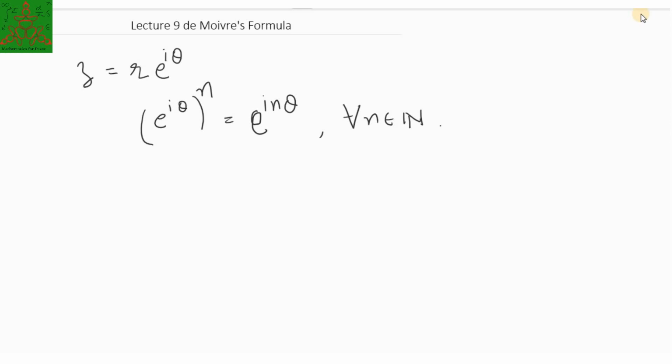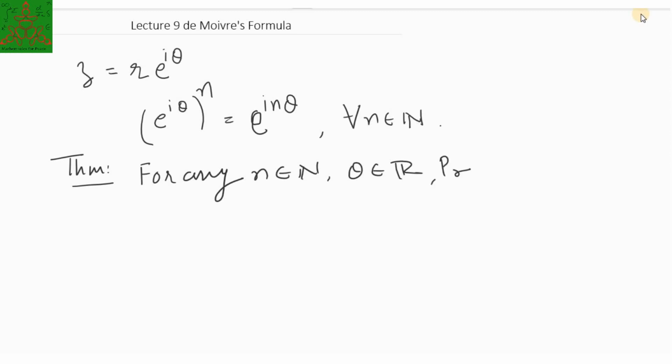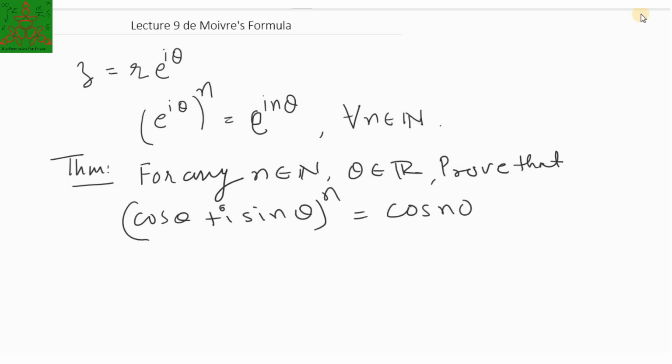So here the statement is like this: for any n belonging to N and theta belonging to R, prove that (cos theta plus i sin theta) raised to n equals cos n theta plus i sin n theta. This is the statement of De Moivre's formula.